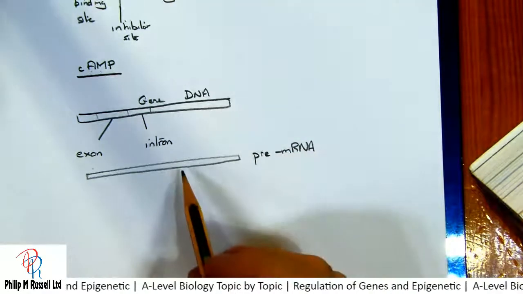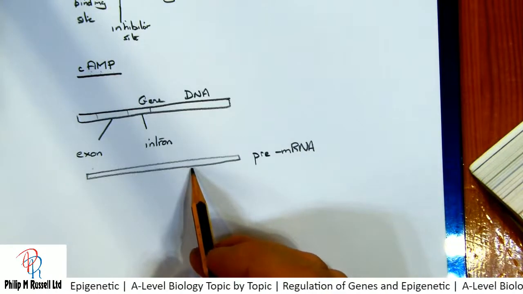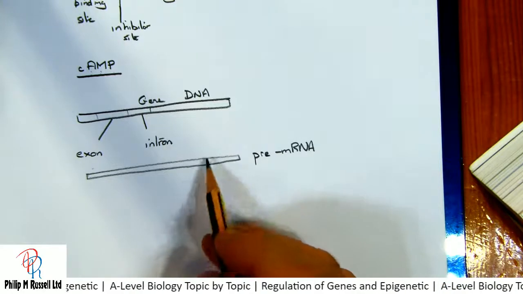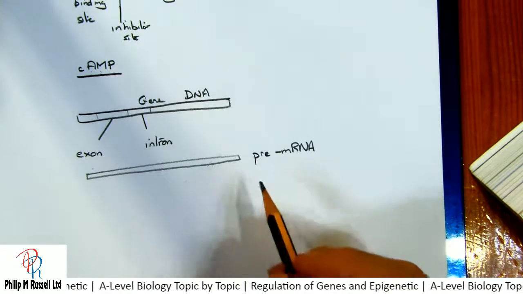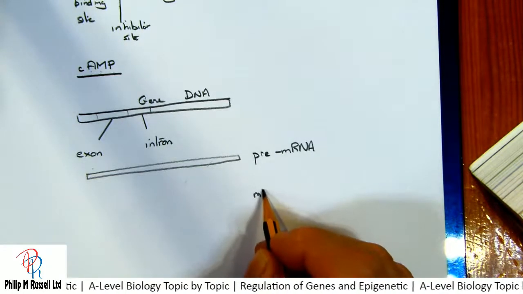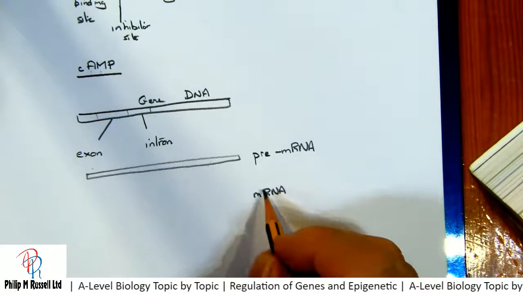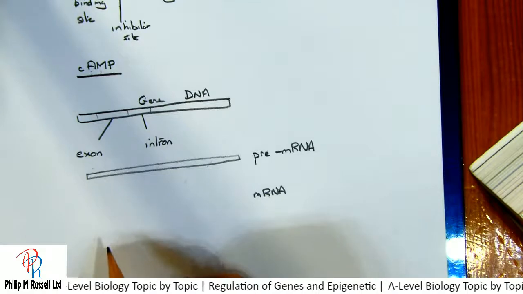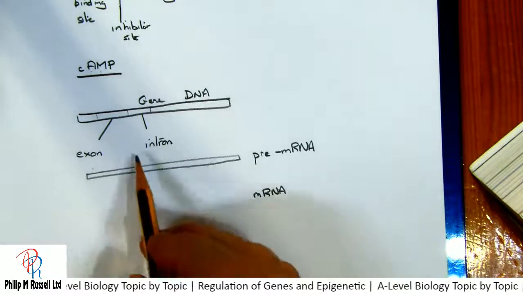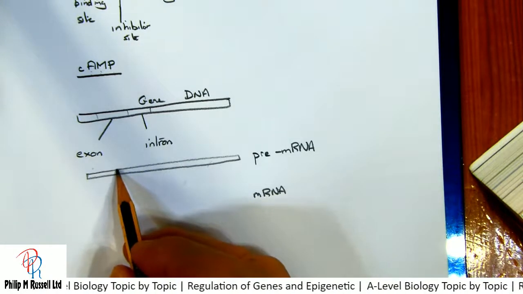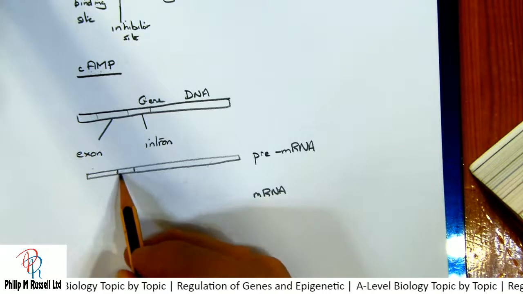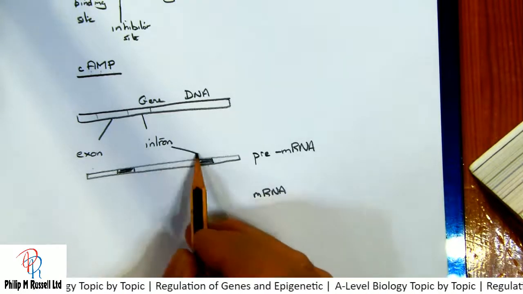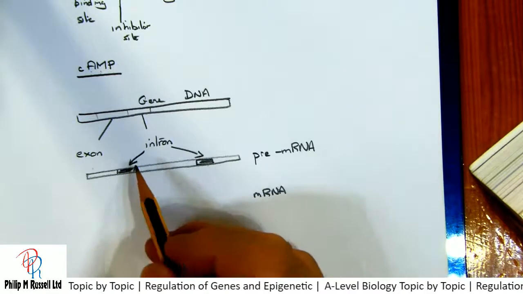This pre-mRNA needs to be modified to form the proper mRNA that's going to be used. And what we have is these bits of code, and let's have this here as our introns.